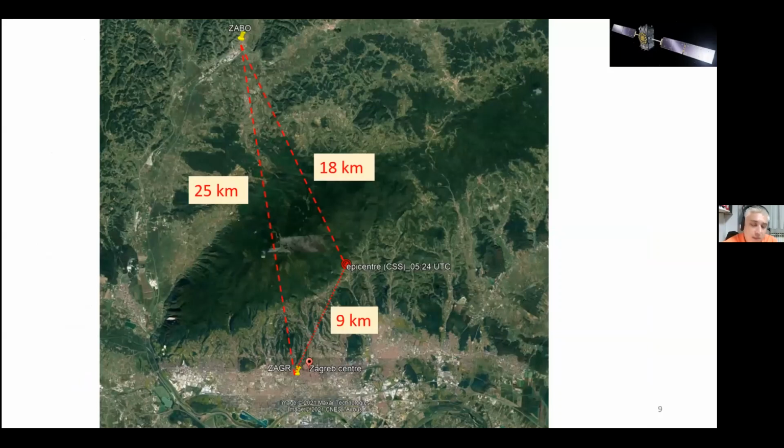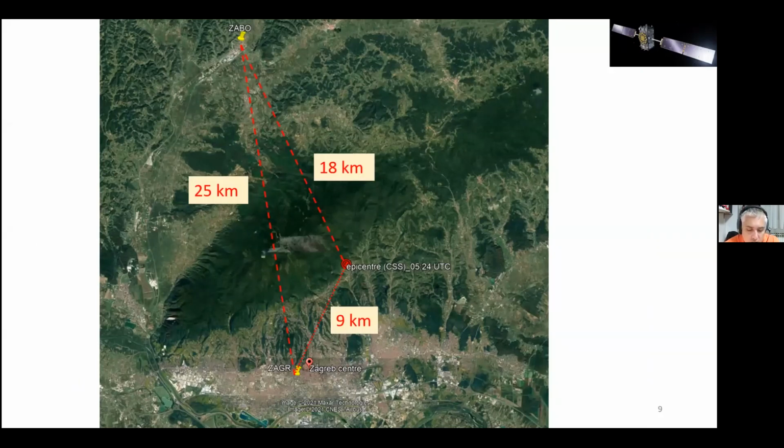If we look closer at the Zagreb station, we can see that the closest additional KROPOS station is the one in Zabok at 25 kilometers distance. This station in Zabok is 18 kilometers away from the epicenter.